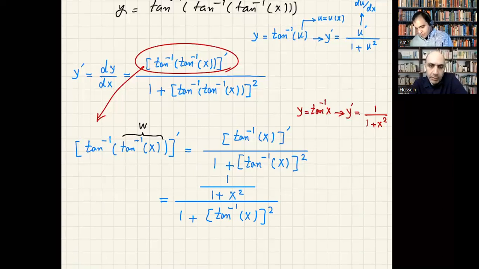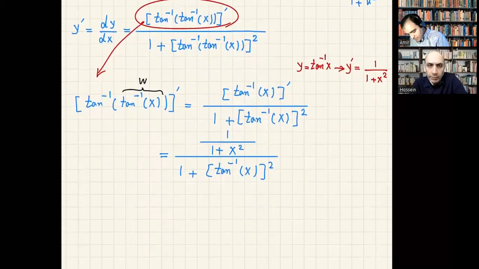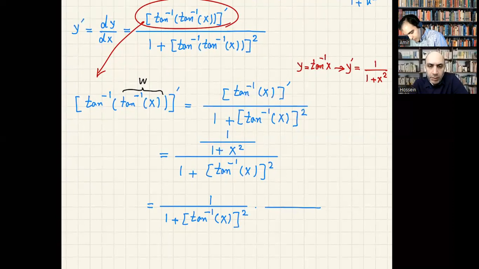Let me write it down like this: 1 plus x squared times 1 plus arctangent of x squared. I think it's easier to digest.